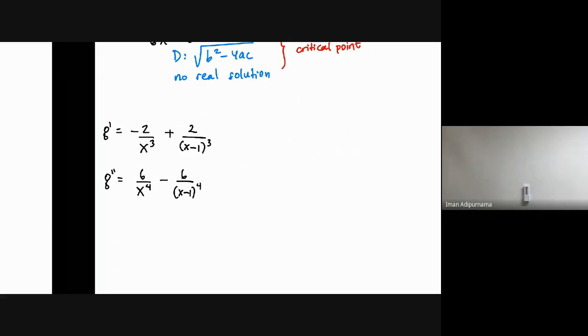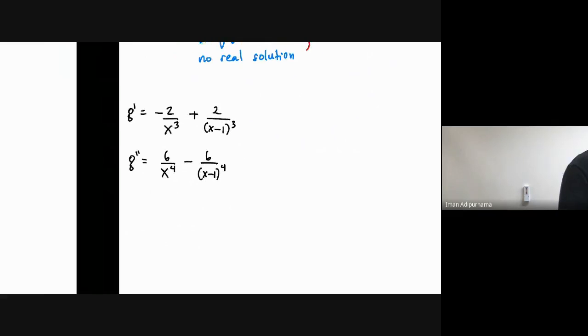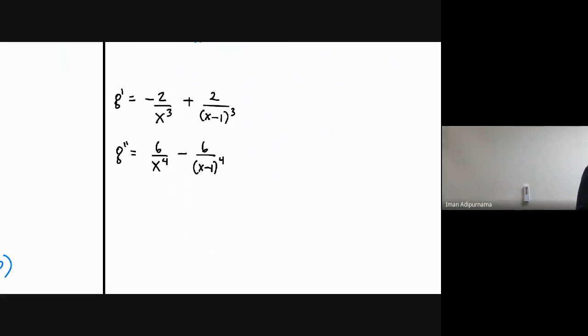But it depends on what we get. Is it always positive? If you try 2, it becomes negative, right? It is always bigger, right? Okay, now we can combine these two if you want and check whether we have an inflection point or not.